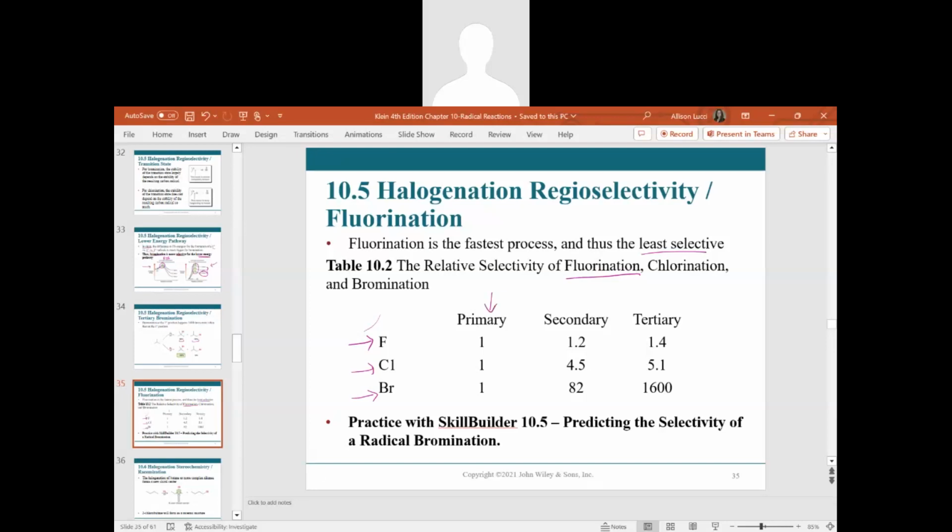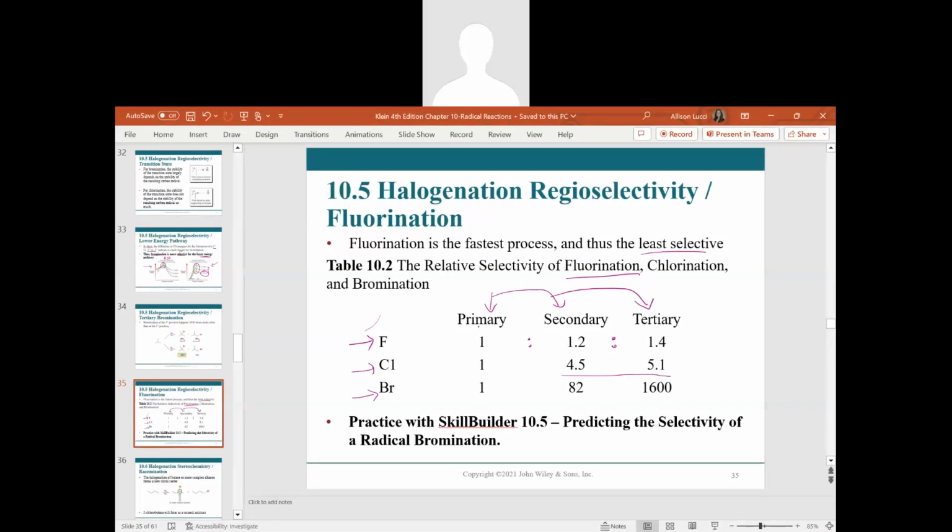So that's where you see the most equal distribution, a 1 to 1 to 2 ratio, rather. So 1 to 1 to 2 to 1 to 4 with fluorination. And then chlorination, right? On our last slide it was like a 35-65% split, but you can see that it's definitely more favorable for the tertiary compared to fluorination.